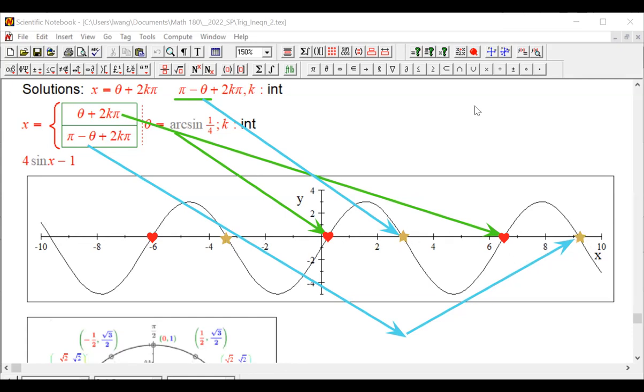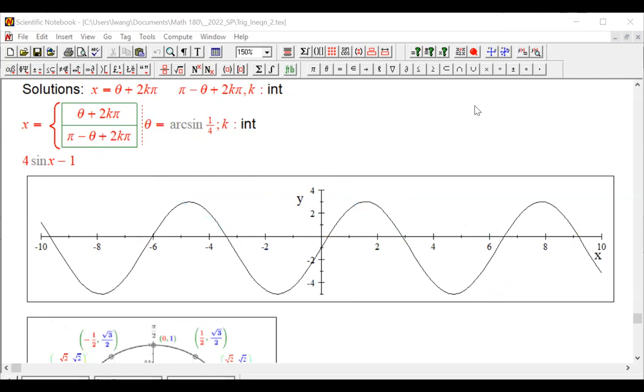Is that clear? Okay, so let me show it again. Between this piece and that piece, the difference is 2 pi.